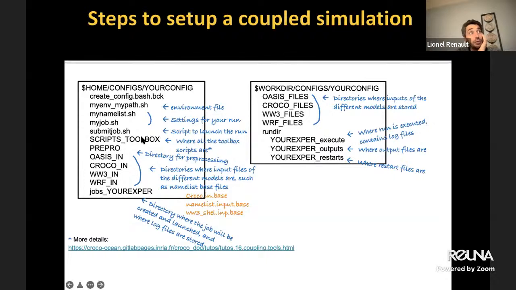You may have to modify it if you want to do something specific, but basically here we have all the toolbox we use in our script to submit the job, to get the files, to move the files, to do everything basically. And those 4 folders here are important because it's where we have the input files, but the namelists, not the netcdf files. So for example, in OASIS in, we will have the namelist of OASIS. In CROCO in, we will have the kind of CROCO.in, but a generic one that will be automatically modified by the script.